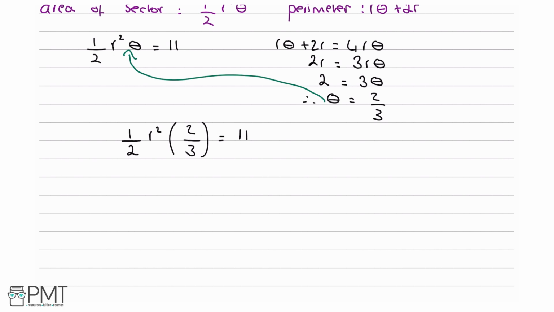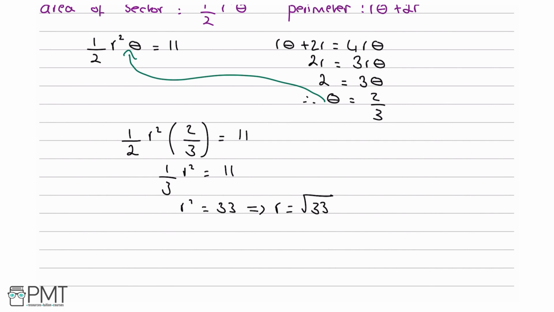So half times 2 over 3 is the same as 2 over 2 times 3. The 2's cancel, so we get 1 over 3 r squared equals 11. We multiply both sides by 3, so we have r squared equals 33, and this means that r equals the square root of 33.